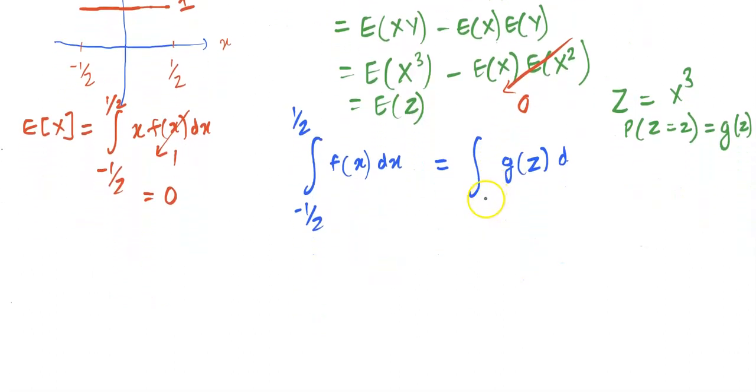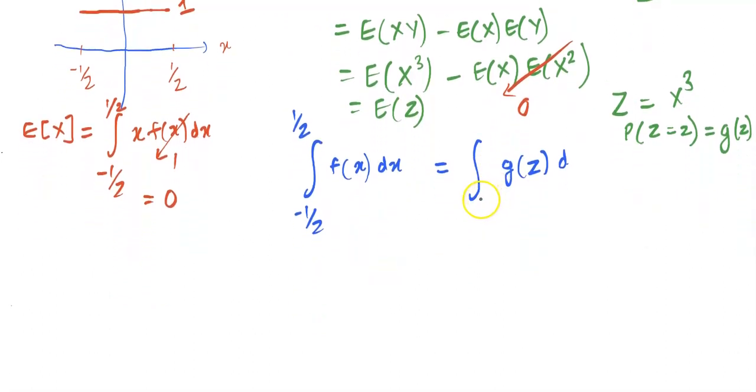Let me scroll down a little bit. If x takes the value minus half, z will take the value minus 1 by 8, and if x takes the value half, z will take the value 1 by 8. So this has to equal 1 because these are both probability distributions.